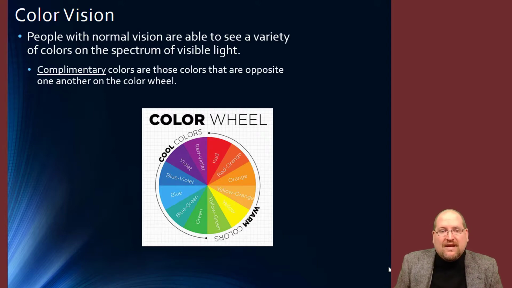It's easier for us to see white text on a black background, or vice versa, as compared to violet text on a blue background. It's a little bit more difficult for the eye. We can do it, it just isn't as easy. So that's how we can relate complementary colors in regards to using PowerPoints or imagery and art and things like that. But our eyes also can play tricks on us, and we'll see that here in a second.